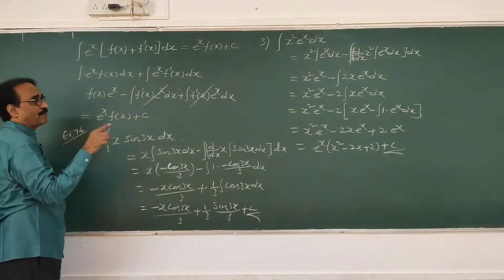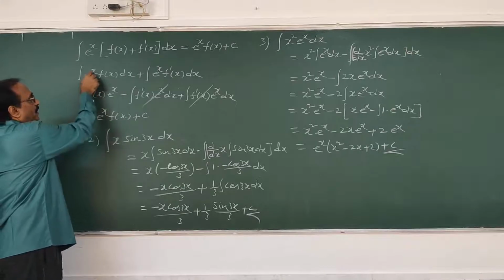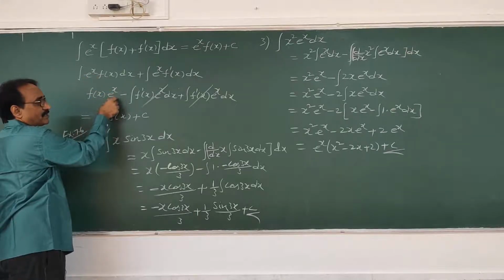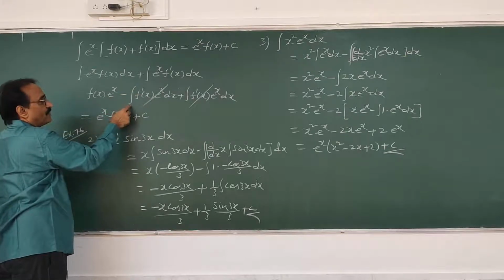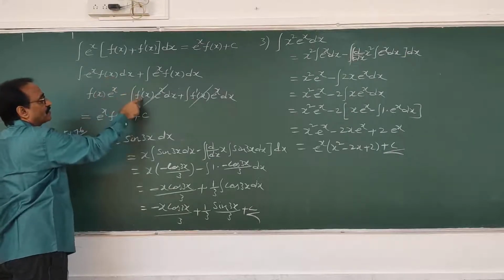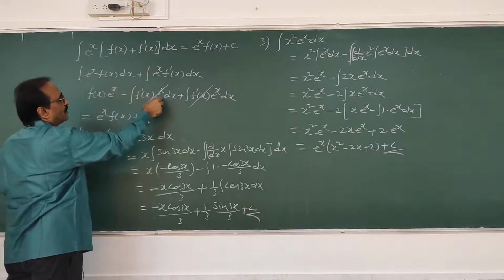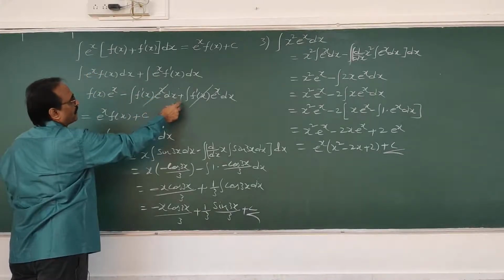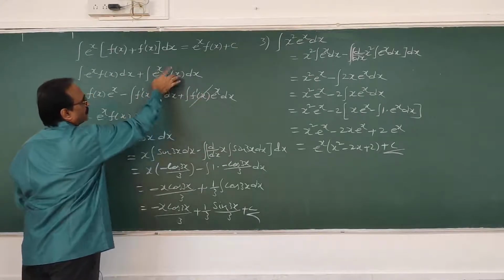According to the by parts formula, first function into integral of second function, which is e power x, minus integral of derivative of first function f dash x into integral of second function e power x dx, plus the f dash x into e power x dx, which is here.